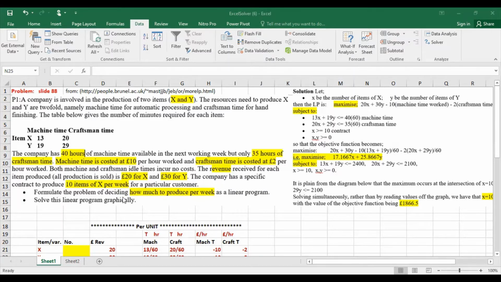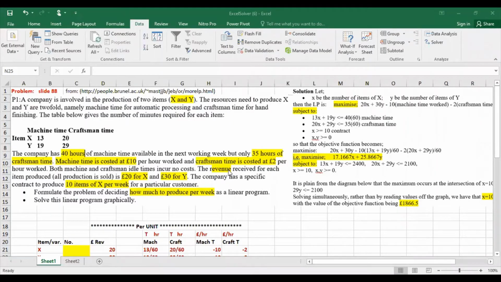The revenue received for each item produced, all production being sold, is £20 for the X item and £30 for the Y item.